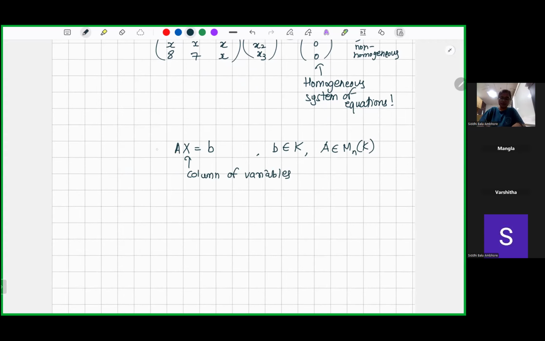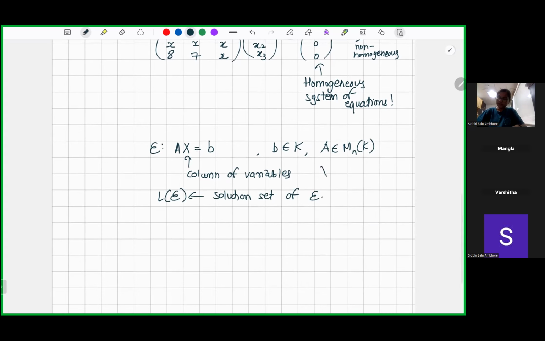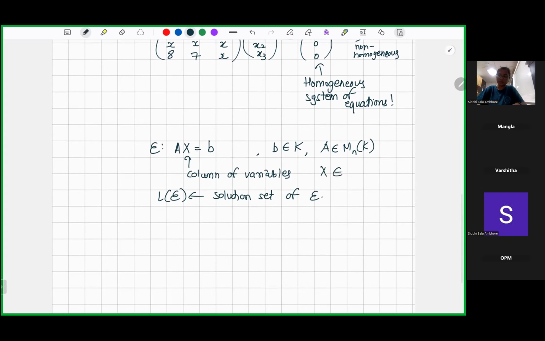If this is my system epsilon, I need to find the solution set of epsilon, that is, x in Kn.